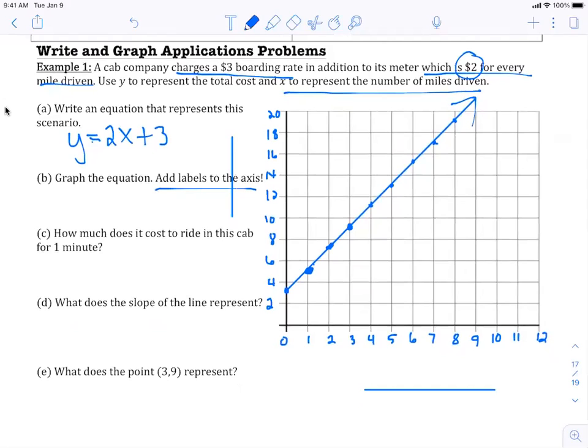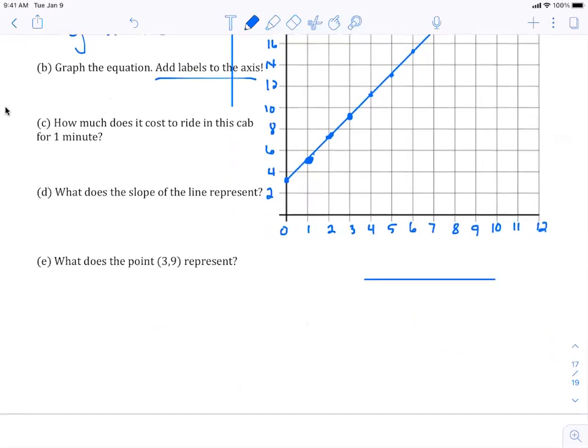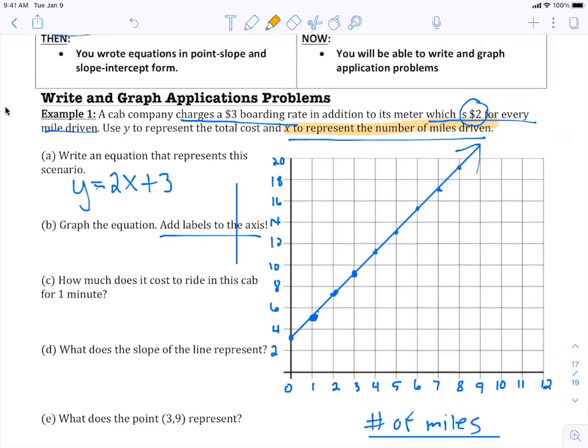So for part B, we did graph it, but it also says label the axes. If we want to label those, it pretty much just means we're going to fill in what X and Y actually represent. Up in the directions, it says X represents the number of miles driven. So that's what my x-axis represents, number of miles. And what does Y represent? Well, Y represents the total cost.